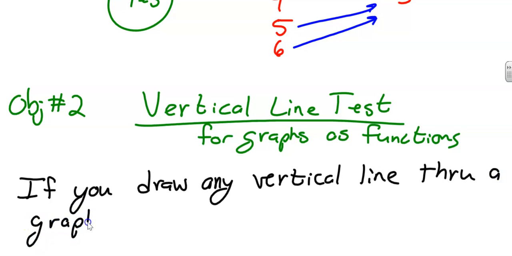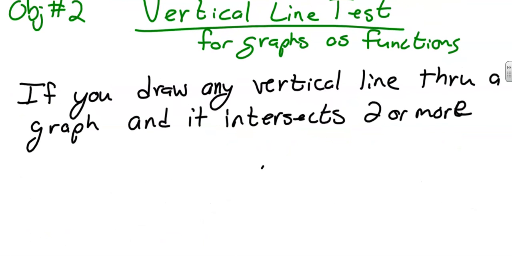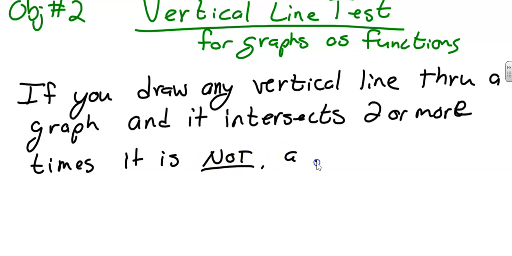We'll give you the pessimist side of it first here. If you draw any vertical line through a graph, and it intersects 2 or more times, it is not a function.